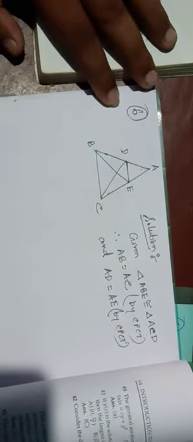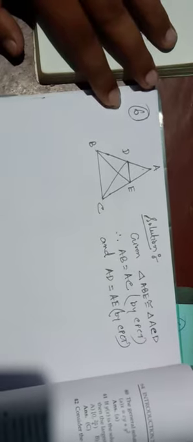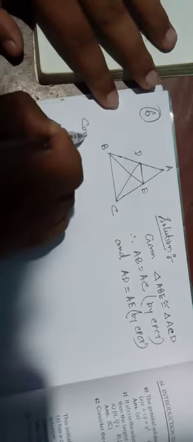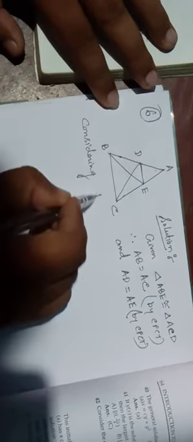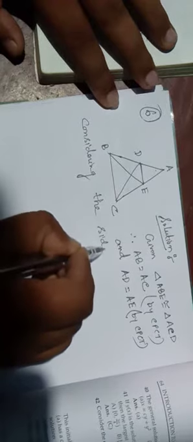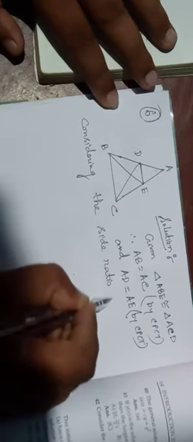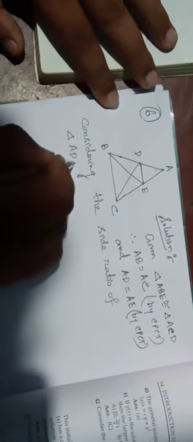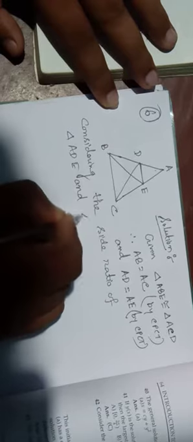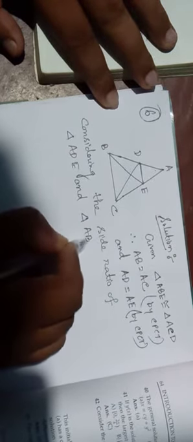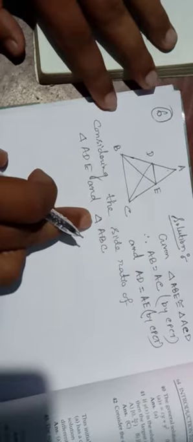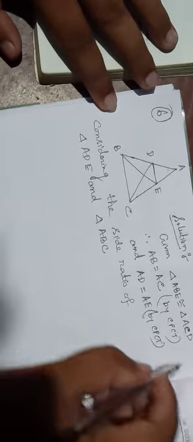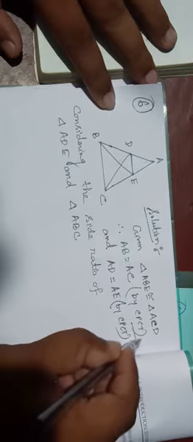Now considering the side ratio of triangle ADE and triangle ABC, this is my equation number 1, this is equation number 2.